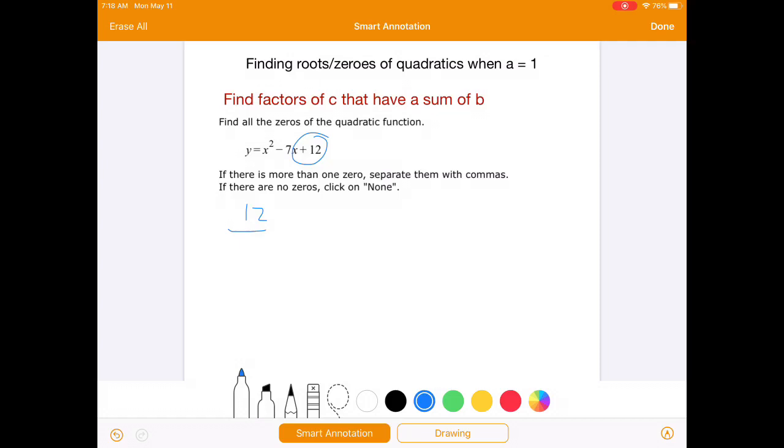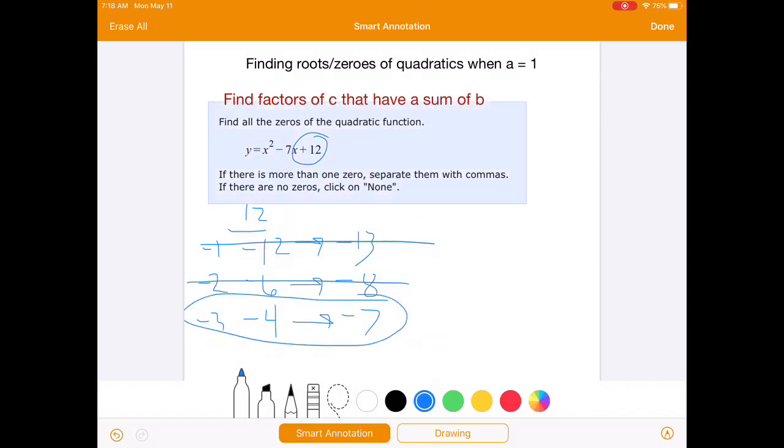But since the sum is going to be negative, we need just negative factors of 12. So we have -1 and -12, -2 and -6, -3 and -4. So this will give us a sum of -13. That's no good. This will give us a sum of -8. That's no good. This will give us a sum of -7. That's the one we're looking for.